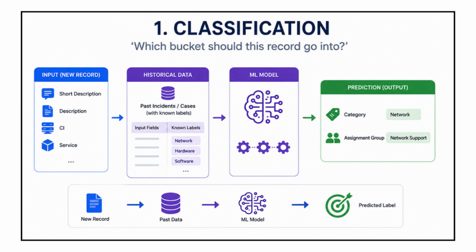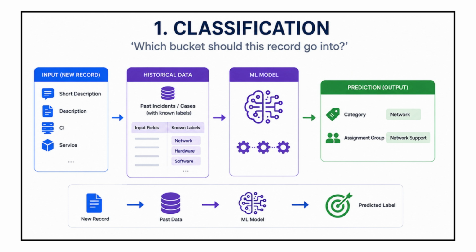Imagine you have thousands of historical incidents where humans have already filled in category and assignment group. Predictive intelligence looks at those past examples, learns the pattern, and then when a new incident is created, it can suggest: this looks like a network issue and it should go to the network support assignment group.